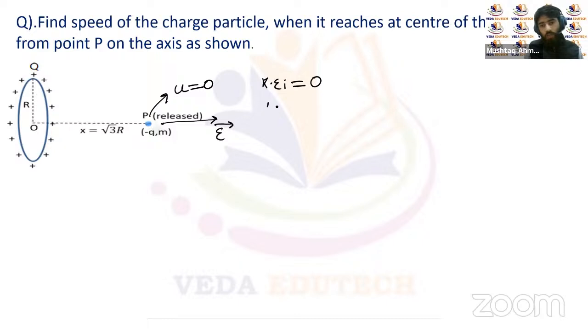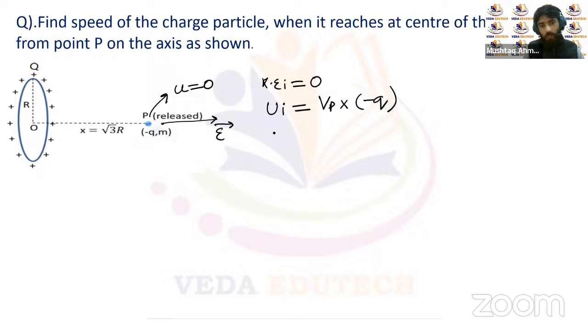And the initial potential energy Ui at this point P will be equal to the potential due to this ring at this point, let's suppose that's Vp, multiplied by this charge minus q. That will be the potential energy of this charge minus q, right?